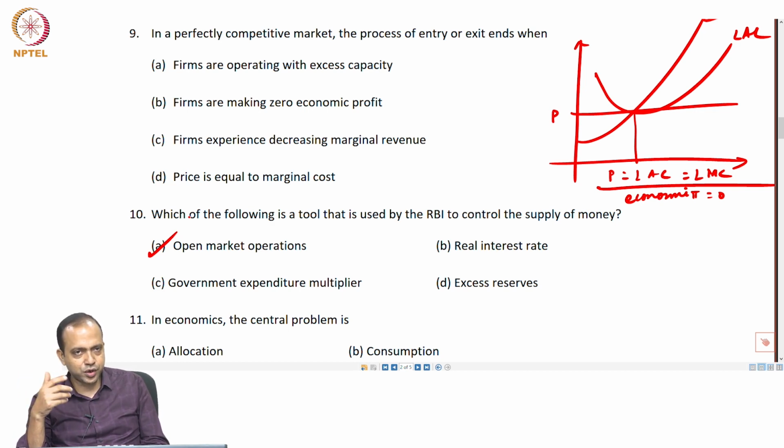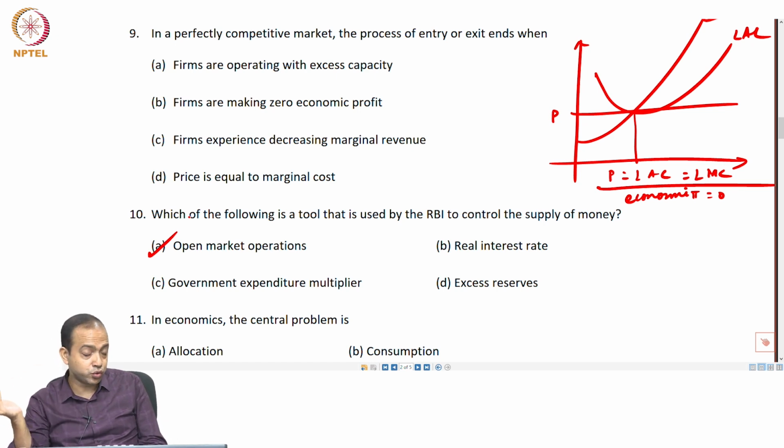If the RBI wants to increase money supply, then RBI will buy some of the government bonds. RBI has to buy against money, so money will flow from RBI to the economy. So, money supply will increase.